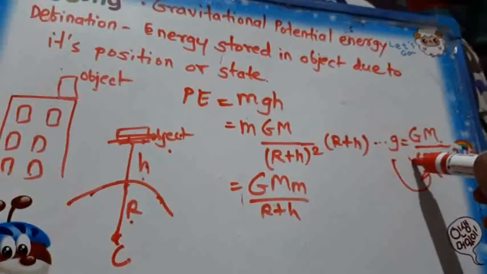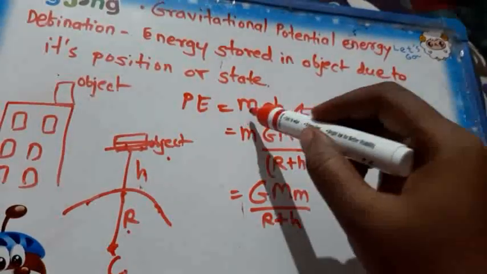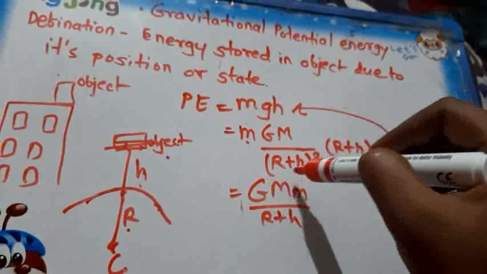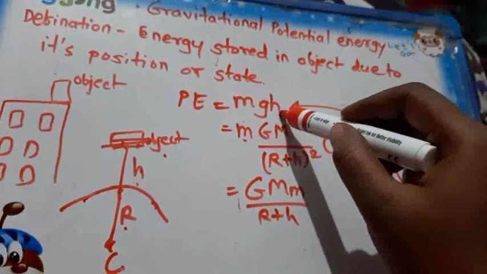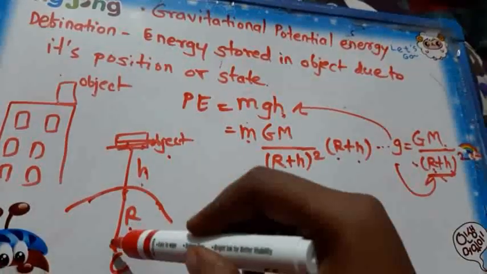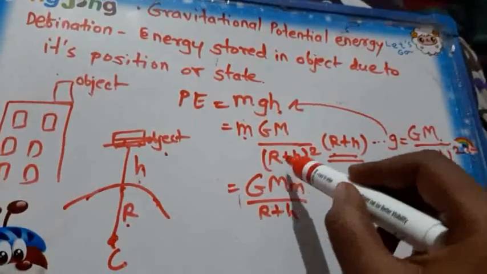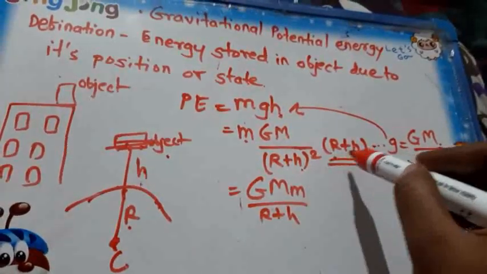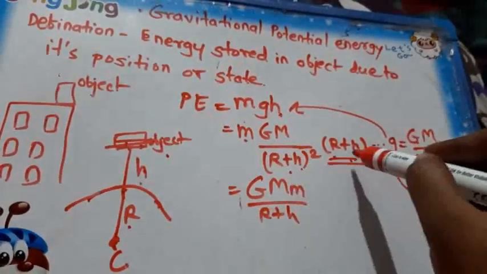Now this value of acceleration due to gravity, we will put in this formula. m as it is, the value of g is here, and h is nothing but the height of the object, that's why it will become r plus h, the total distance from center to object. Now it is (r+h) squared in the denominator, and here it is multiplied with r plus h in the numerator.